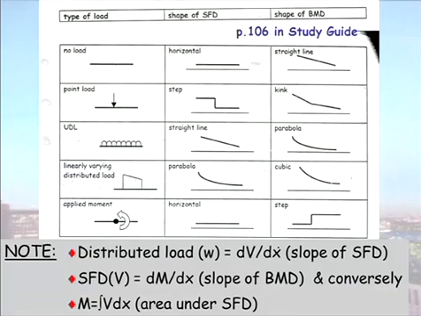So, here is the full table that's in the online study guide. I've written page 106, I'm not sure if it is page 106. Have a look, this is a good table to memorise. Are you happy a point load gives you a step in your shear force diagram?